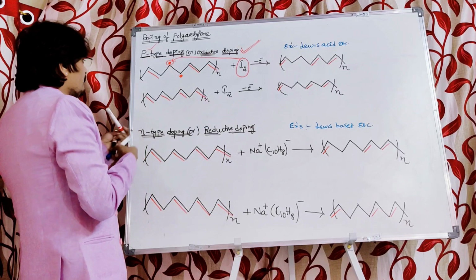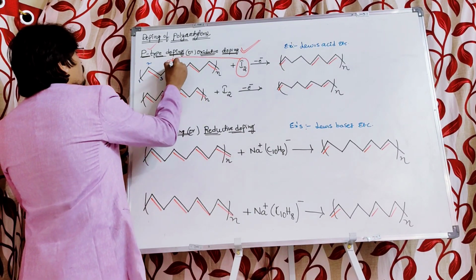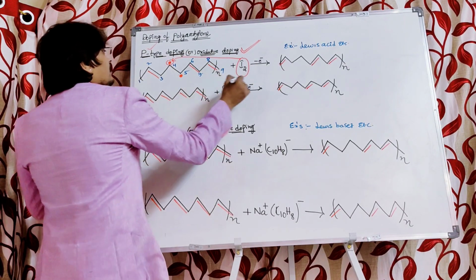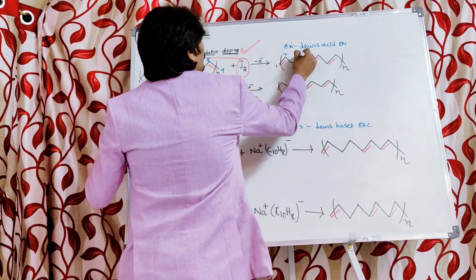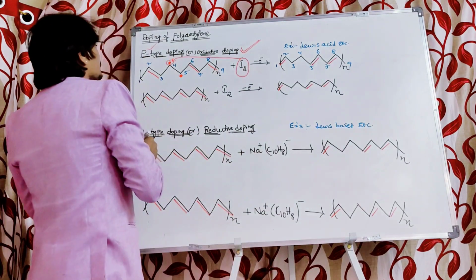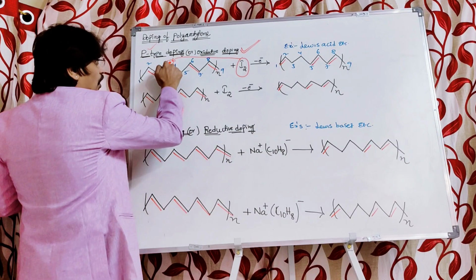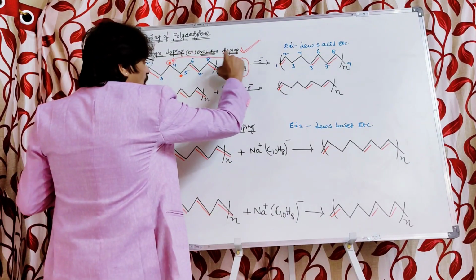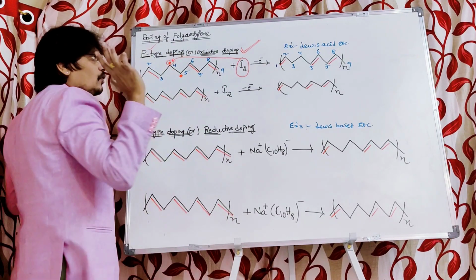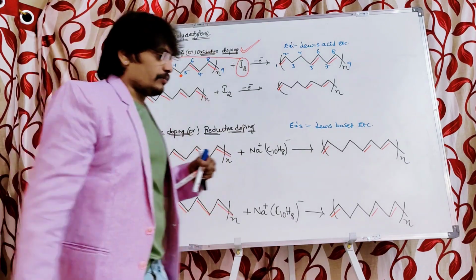So in order to simplify, I will label the carbons 1, 2, 3, 4, 5, 6, 7, 8, 9. Now, one of the electrons from the fourth carbon is moving towards this oxidizing agent. This electron has been lost from the fourth carbon.